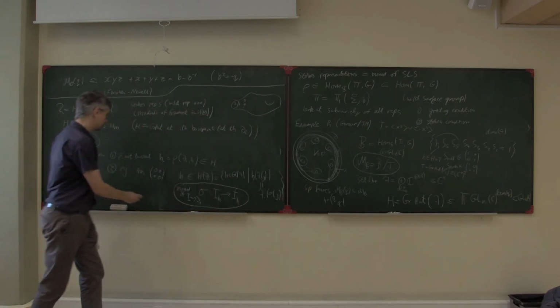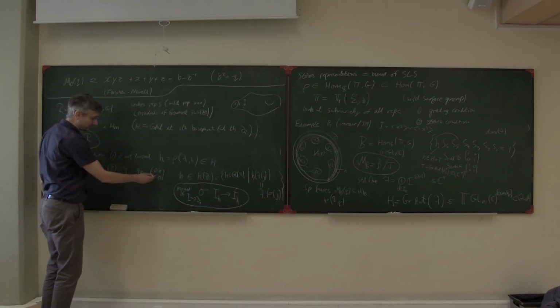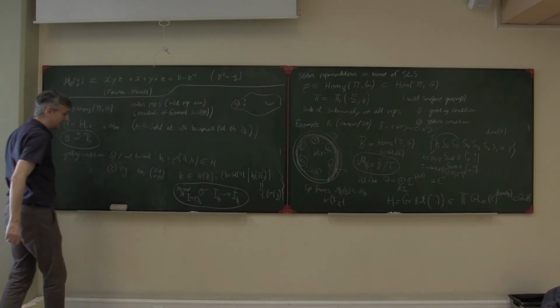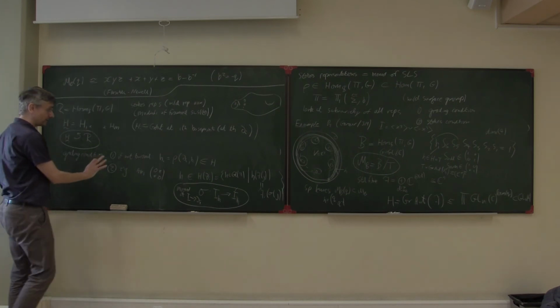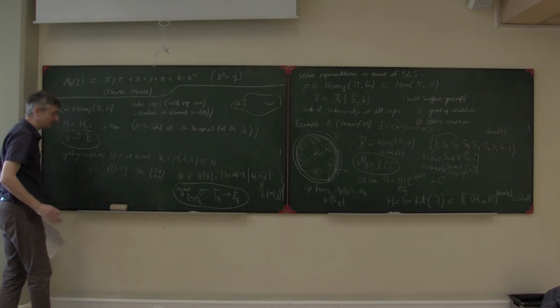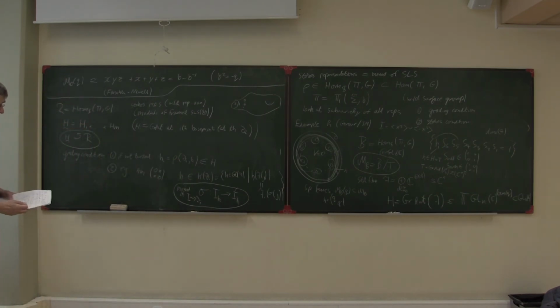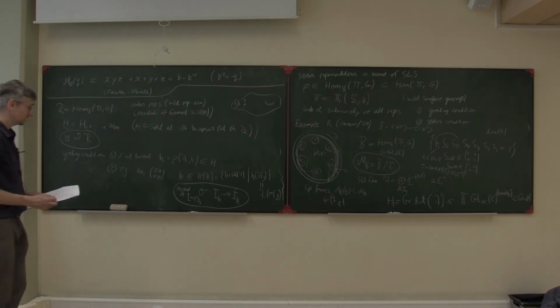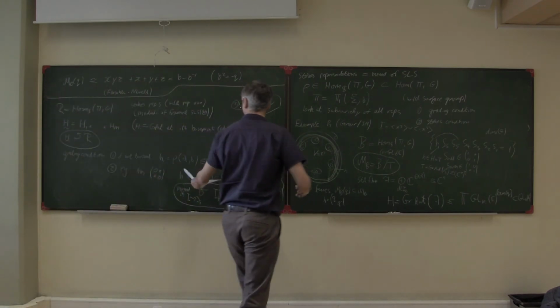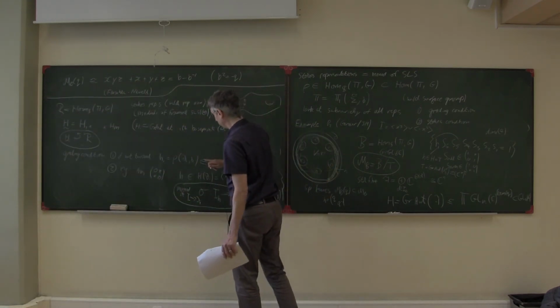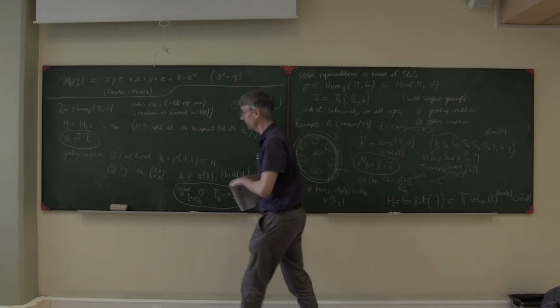So you end up with some twisted group, and so this is an H-bitorsor. If I act by block diagonal matrices on the left and the right, it's a principal homogeneous space.